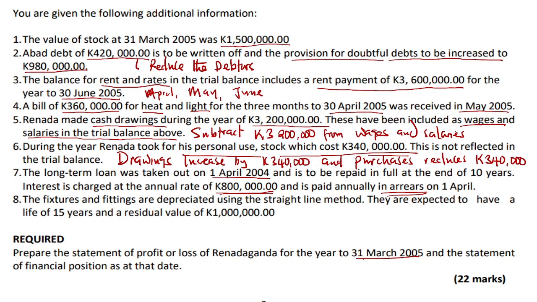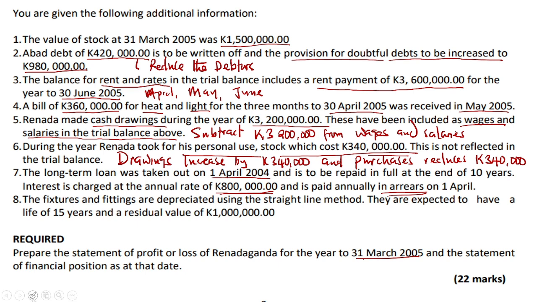Adjustment number 3, where we are told that the balance for rent and rates in the trial balance includes the payment of rent, which was 3.6 million.